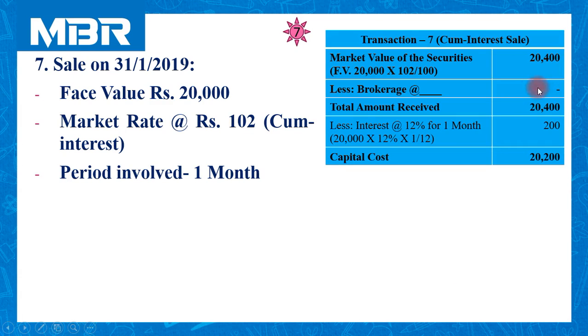Total amount received is rupees 20,400. It is a cum-interest sell, so we need to deduct the amount of interest due on the security. 20,000 rupees of face value, 12% rate of interest, and the period involved for the calculation is 1 month. So it is rupees 200. So the capital cost for the transaction is 20,200.